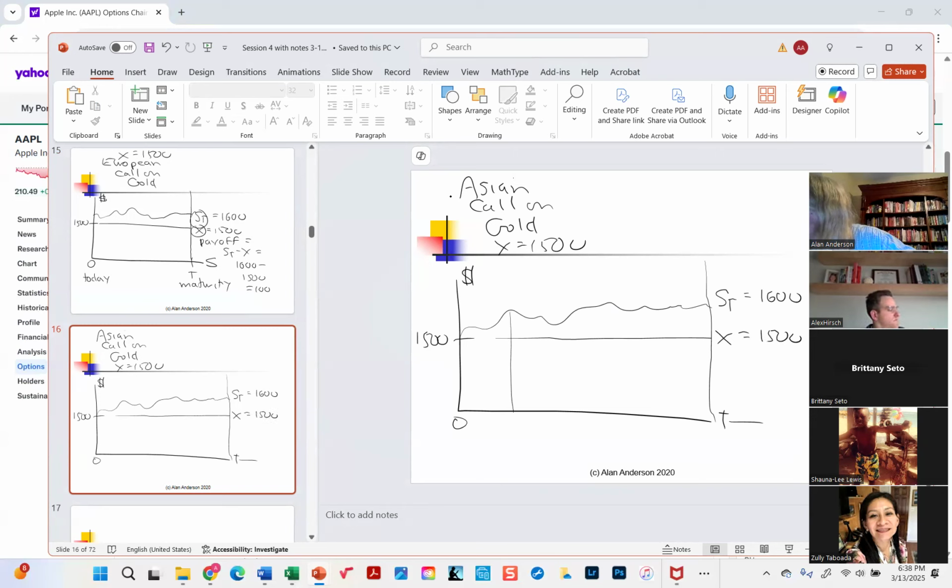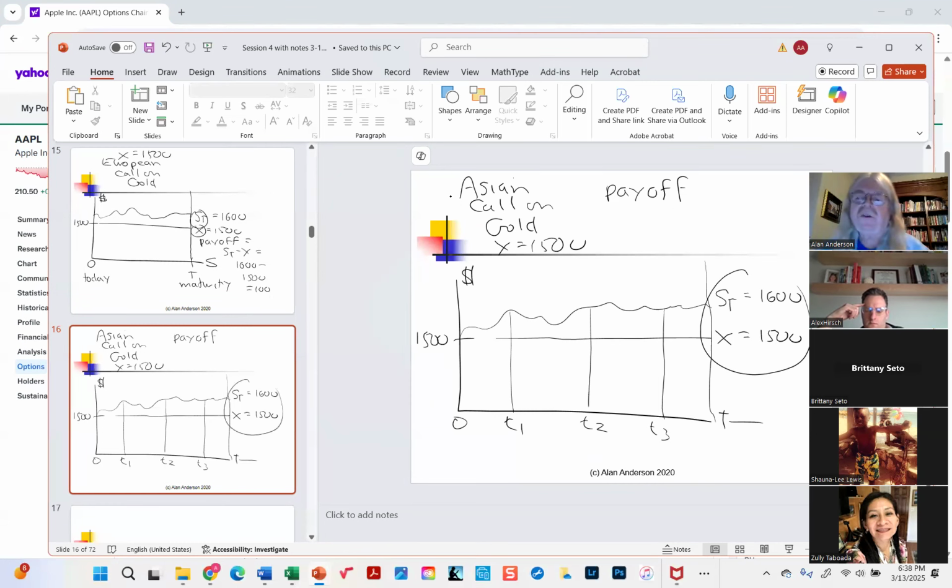Let's say we choose this date, we'll call it T1, T2, and let's say T3. So the payoff here is not the difference between these two numbers, like it would be for a European option. The price at these times is averaged out.